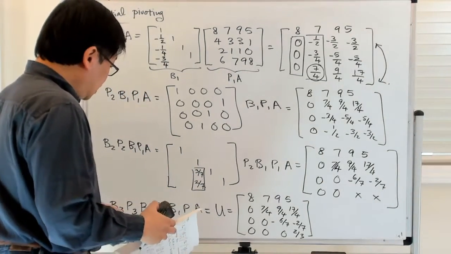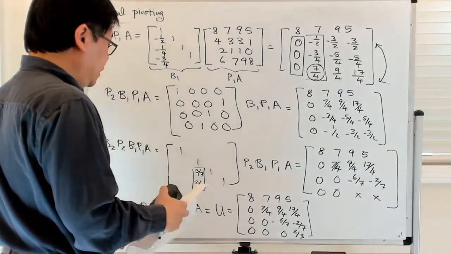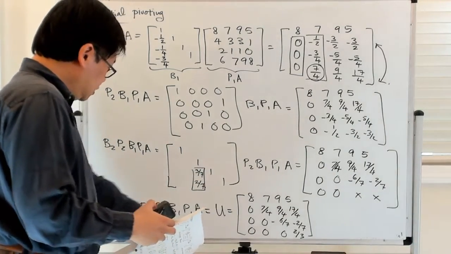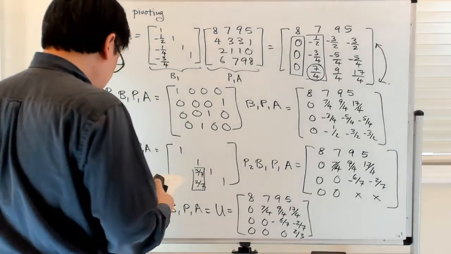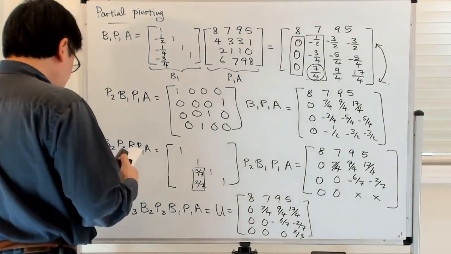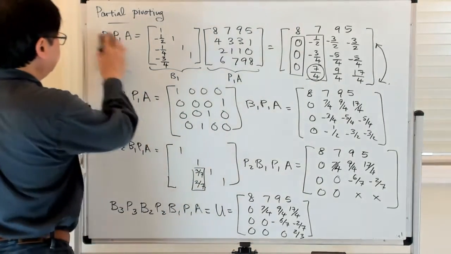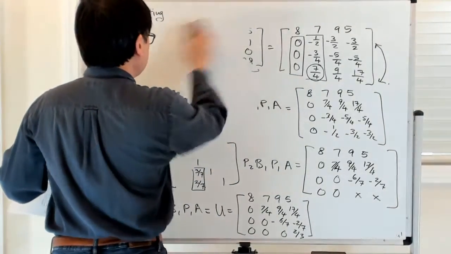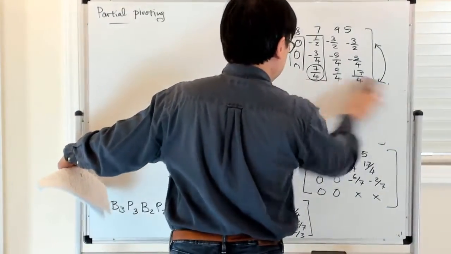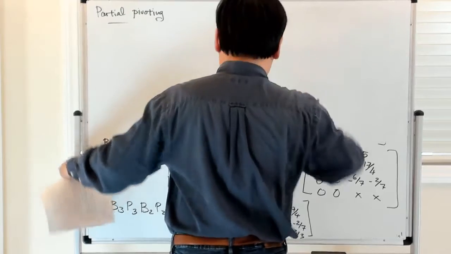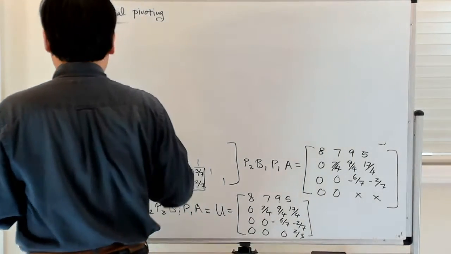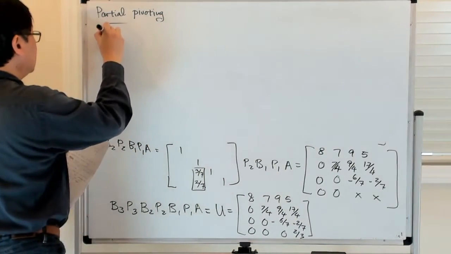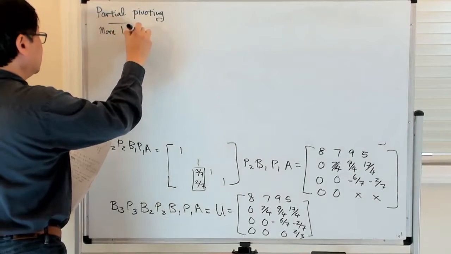So let's see how we can manipulate this when there are permutation matrices in it as well. So there are some observations to make. Okay, so there's a bit of luck which comes into play, so more luck in this construction.